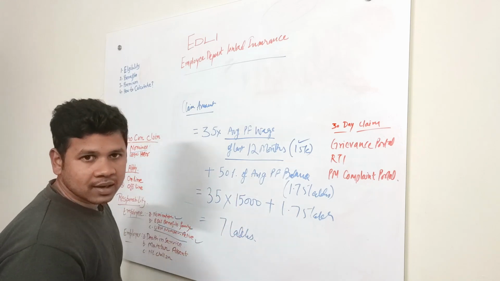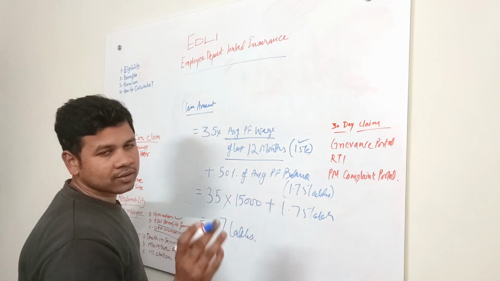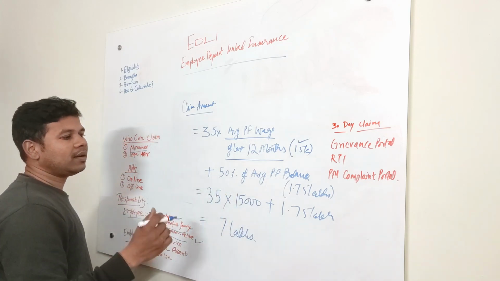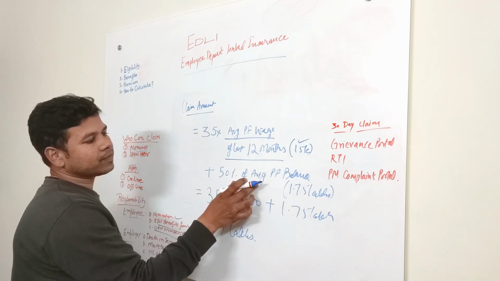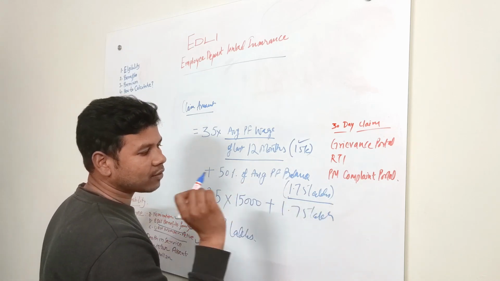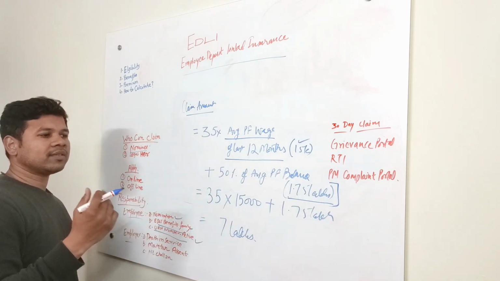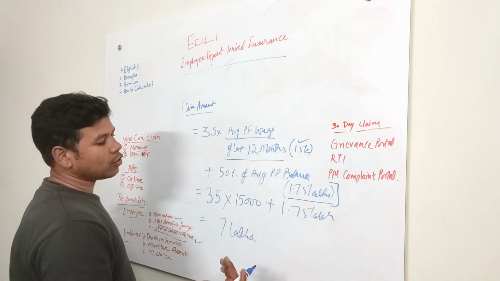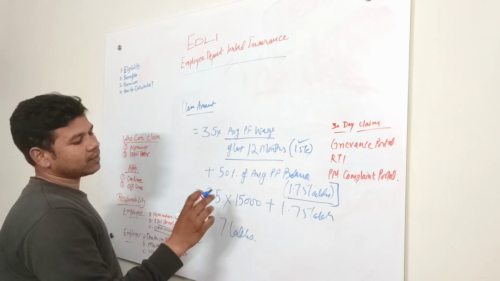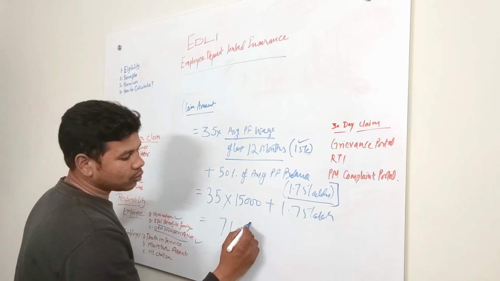If somebody had taken a loan on PF balance, then we have to average out the last 12 months balance, and 50% of this amount can be greater than 1.75 lakh rupees, but we can take 1.75 lakh rupees as the maximum amount here. So at max, 35 into 15,000 plus 1.75 lakh rupees will come to 7 lakh rupees.